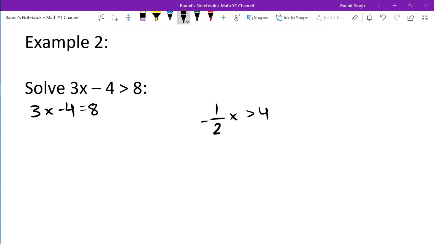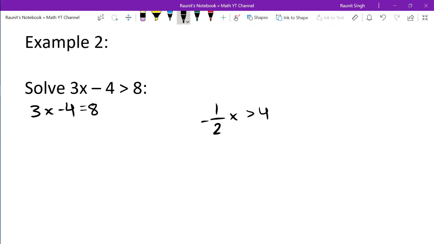So say this is some equation that we have to solve, and don't do an equal sign. I would recommend that you do not get in the habit of using the equal sign, because there can be problems like this where you have to multiply with a negative number, and when you multiply with a negative number, you have to switch the sign to the opposite.